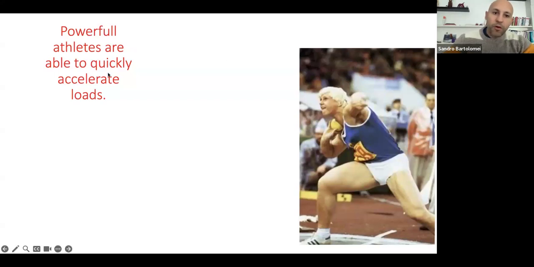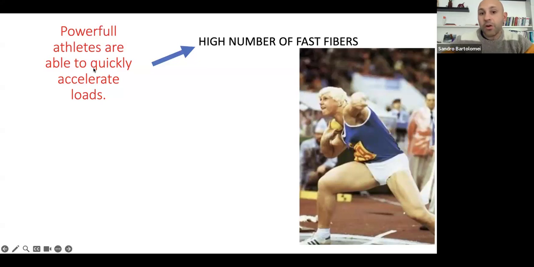For example, powerful athletes are typically able to quickly accelerate loads. However, in order to be able to accelerate loads, they need a high number of fast fibers. A high number of fast fibers means that in their muscle they have thousands of fast fibers.